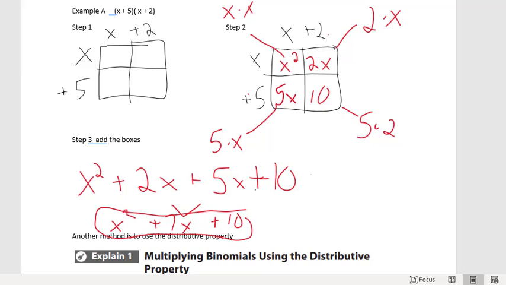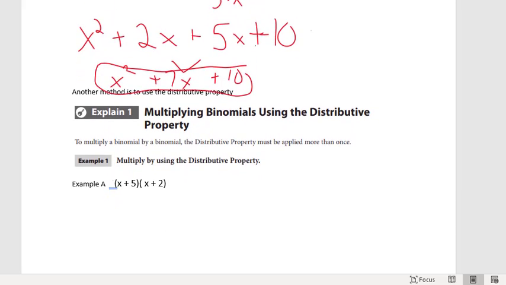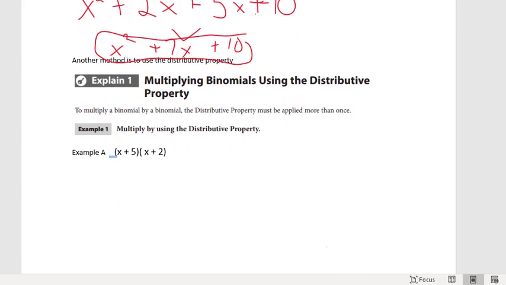All right. Now, another method we can use is the distributive property. So I'm going to show you an example of that. We're going to multiply by using the distributive property. Take your first term and multiply it by both things inside parentheses. So x times x, and then plus x times 2.